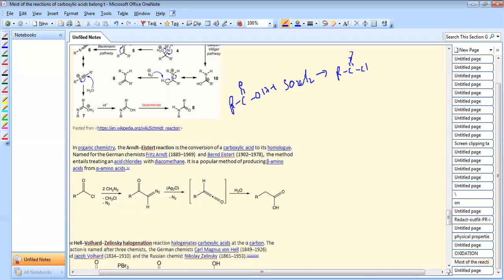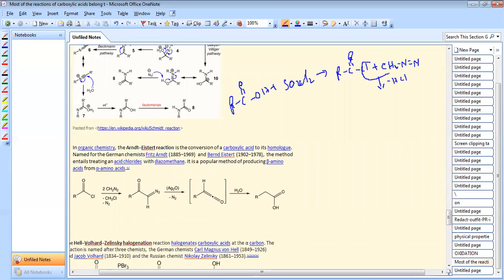Next, this acyl halide is allowed to react with this compound, CH2N2, which is also known as diazomethane. When the acid halide reacts with diazomethane, removal of H plus takes place.